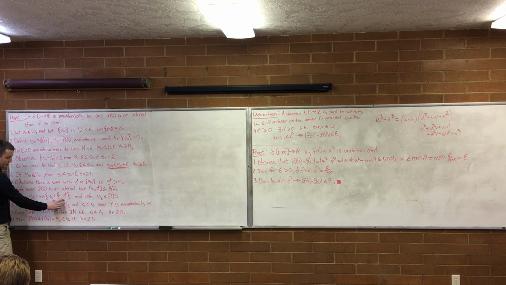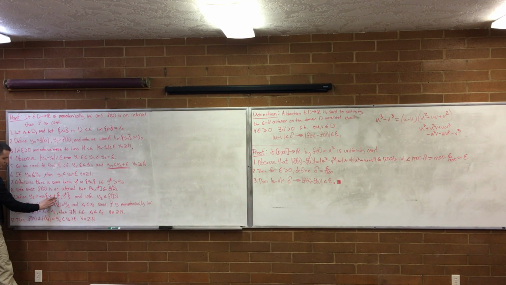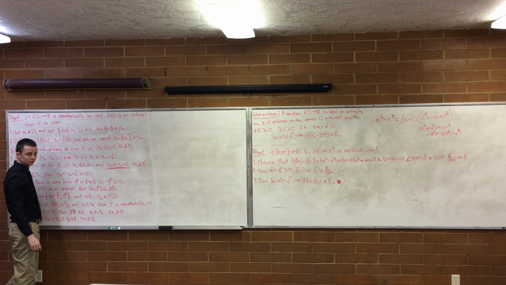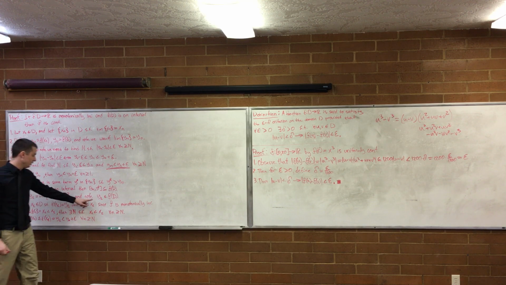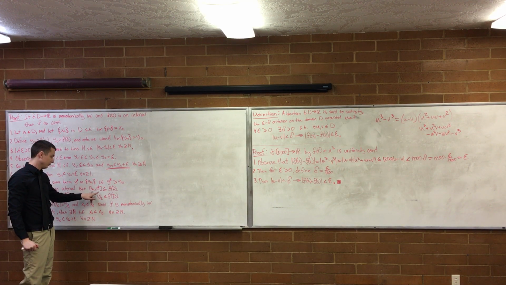So this thing could be less than y star, or this thing could be greater than y star. If this thing is less than y star, it's in this interval. If this thing is greater than y star, then we're picking y star, which is also in this interval. So let y epsilon be the minimum of those two things, and notice that y epsilon is in the image.